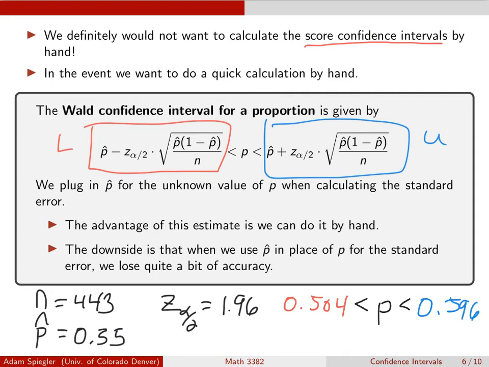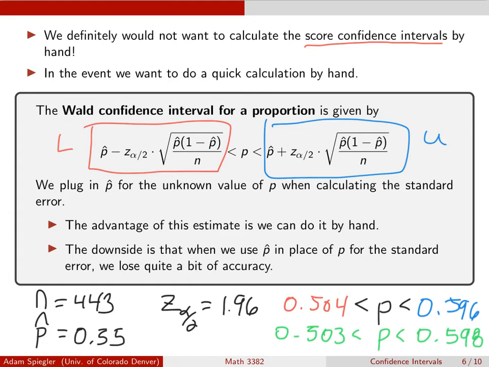And if we compare this to the score confidence interval that we found on the previous page, that was between 0.503 and 0.598. Okay, so we're pretty much in the same ballpark. We haven't lost too much by simplifying these calculations.